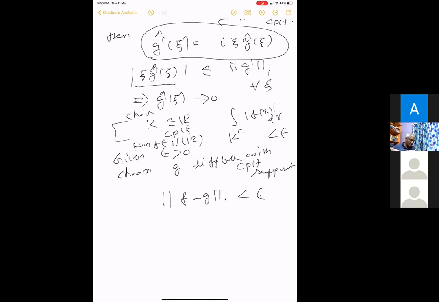So how do you prove this? This is less than epsilon. Now you take f hat minus g hat. This is equal to (f minus g) hat, of course. So now we want to take the modulus.